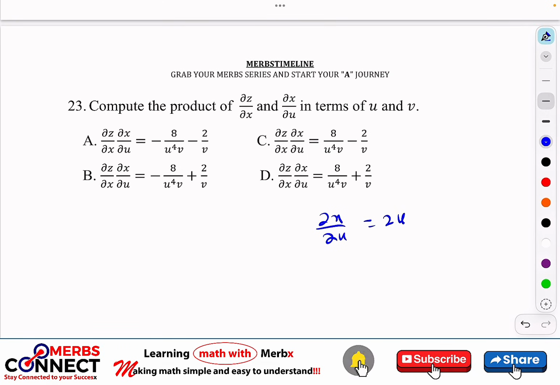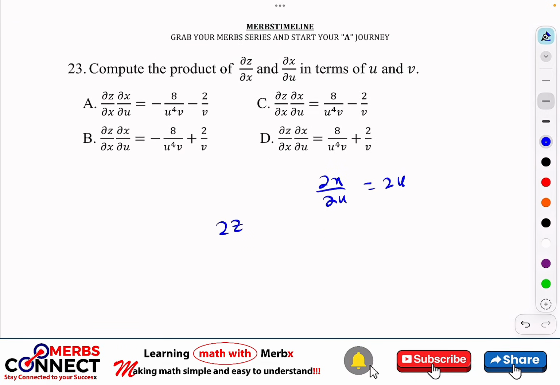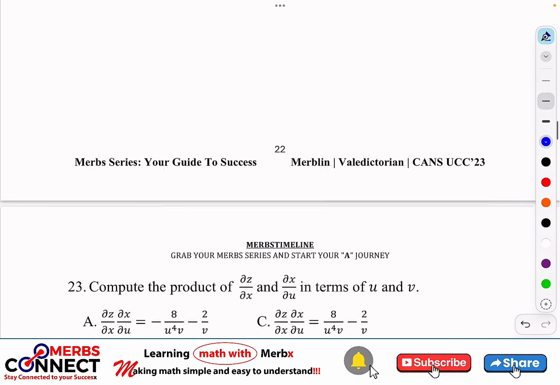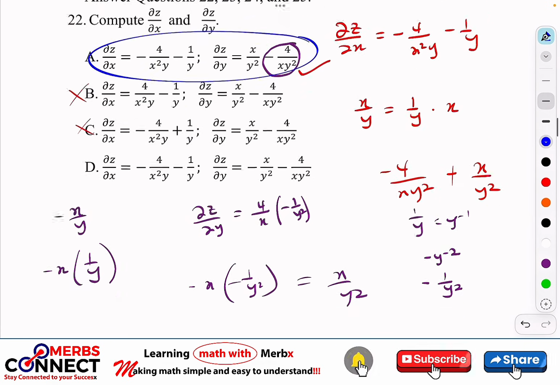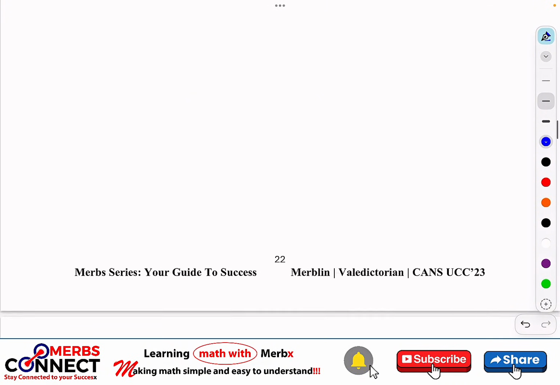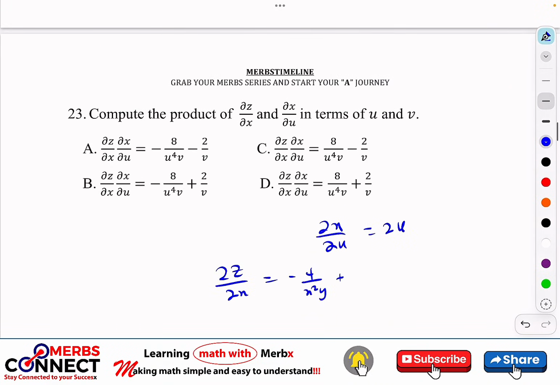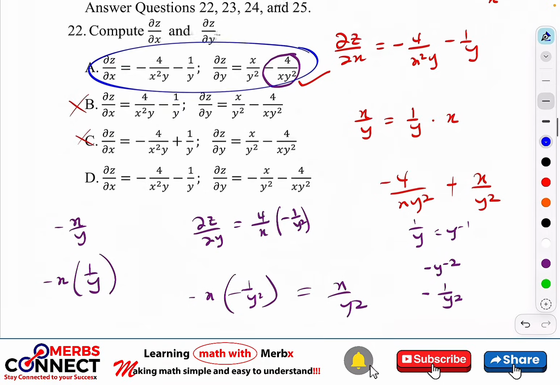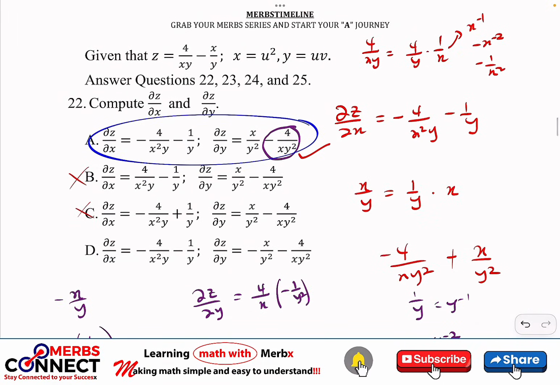And then this guy with respect to x, we had minus 4 over x squared y plus, is it plus or minus 1 over y. Then we just need to substitute these in, and then we just do it.